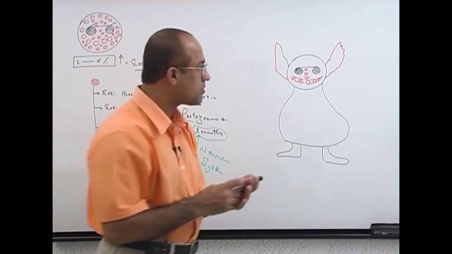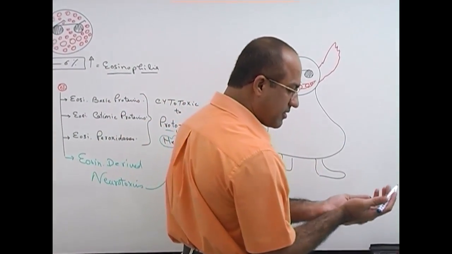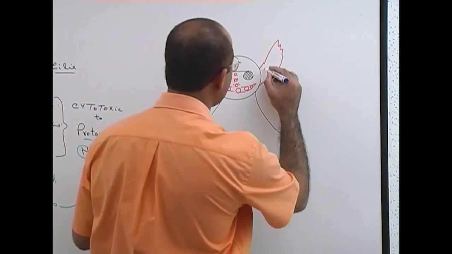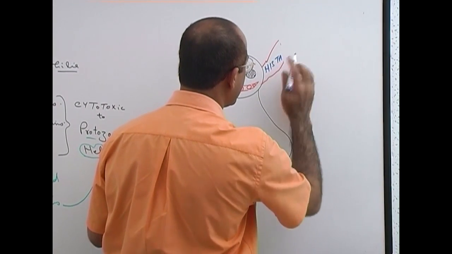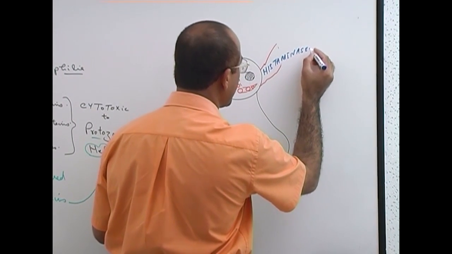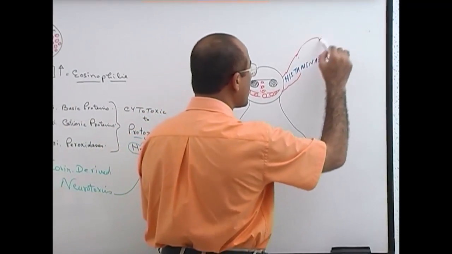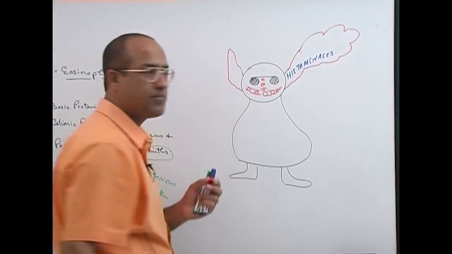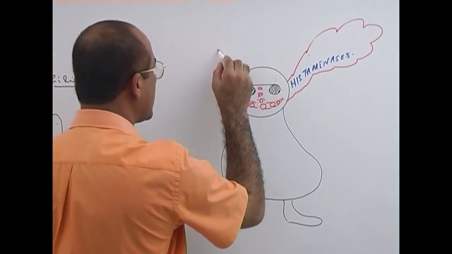Actually, eosinophils have a capability to produce histaminases. Histaminase is a group of enzymes which can break down histamine, right?